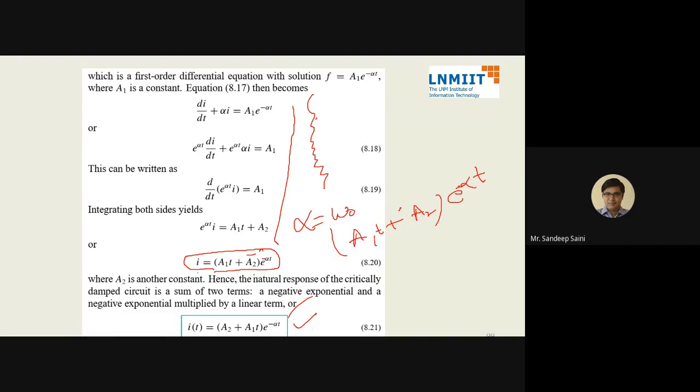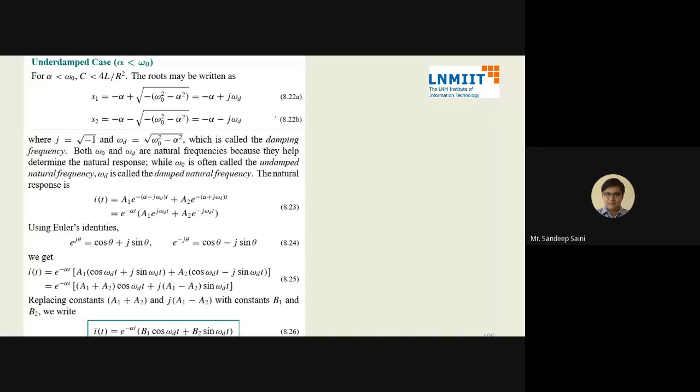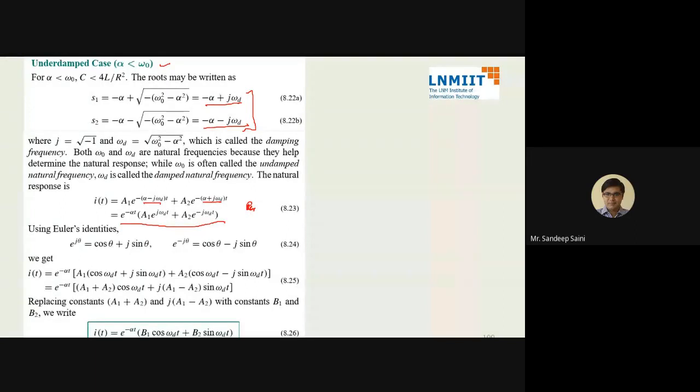So third case, when alpha is less than omega, that means I get complex conjugate pairs, and I will put s equal to this. When I do that, do you remember Euler's formula? Let me quickly wrap up; we will come back to these.